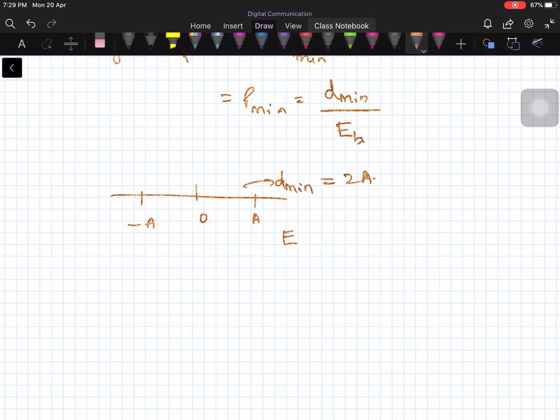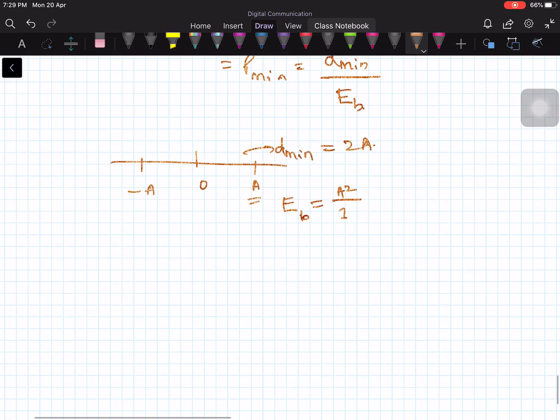Energy per bit you can calculate: energy per symbol by number of bits. You are using a single bit, and you can find the energy is a square. Substitute that into d min and energy per bit.